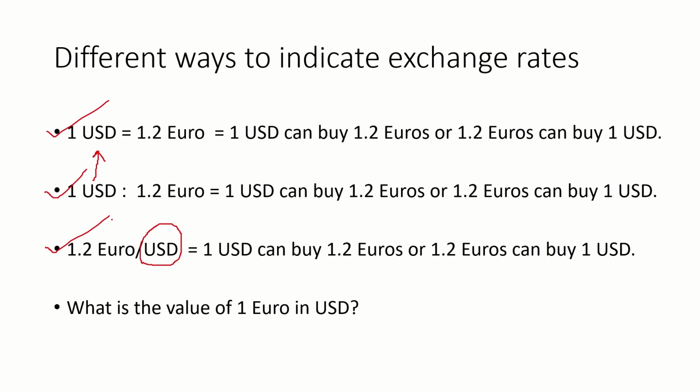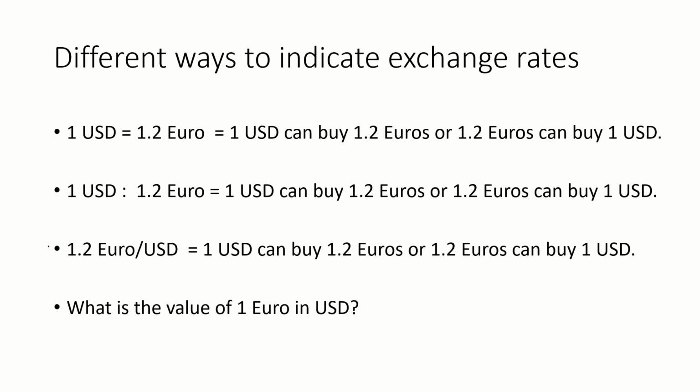This is how we read this: 1 US dollar to 1.2 euro, which will be equal to this one. So 1 US dollar can buy 1.2 euros or 1.2 euros can buy 1 US dollar. These all three ways are indicating the same exchange rate between the US dollar and the euro.